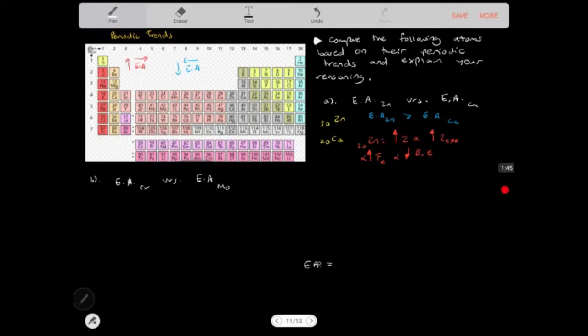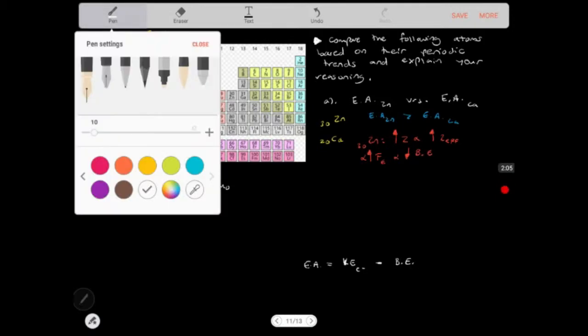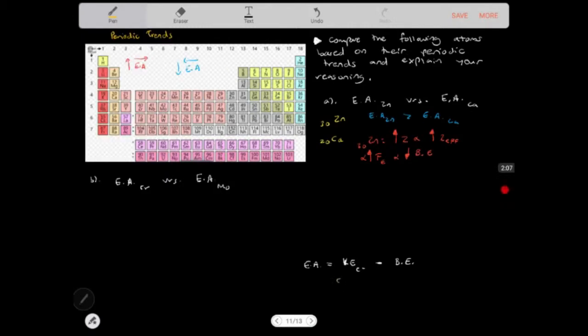Electron affinity is the energy released by adding electrons into an atom, and we can take the kinetic energy of an electron as something that's constant. This is just the energy associated with any electron in free space that's untethered, subtracted by the barrier energy. So if this value here is constant, then fluctuations in the barrier energy will affect the electron affinity.